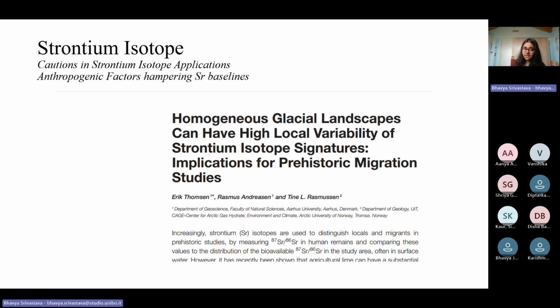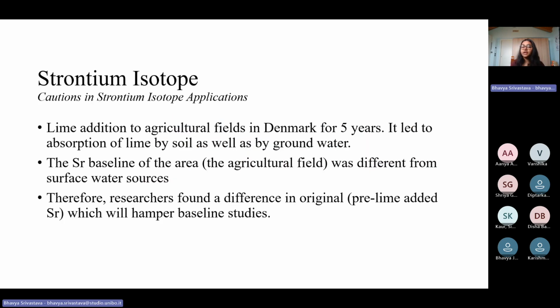And in this case study, the researchers showed that in Denmark, because of the constant leaching of the soil with lime, the naturally occurring strontium ratio is getting hampered. And if it is getting hampered, it will lead to problems in understanding the isotope ratios.